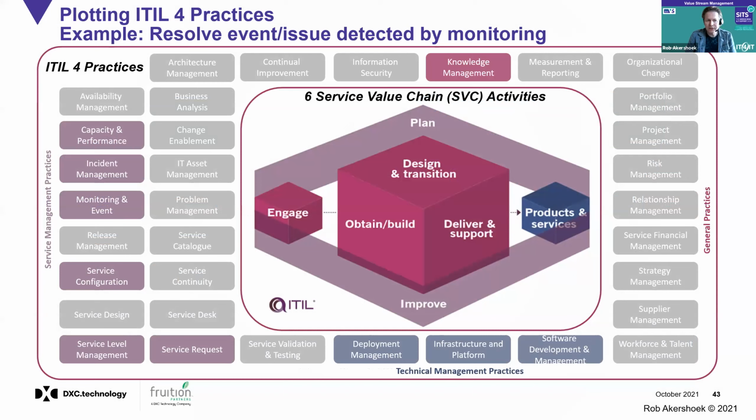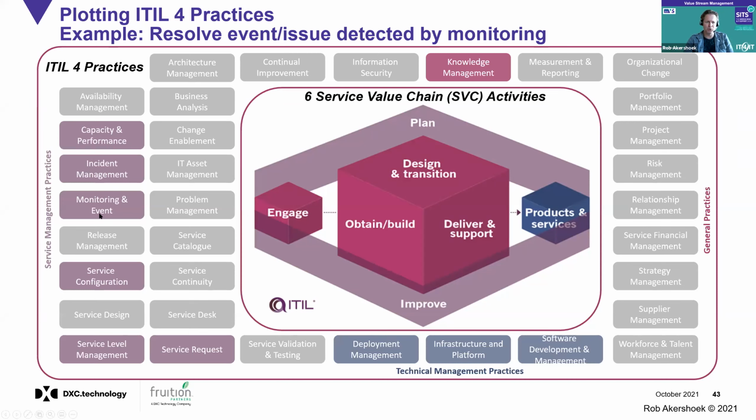One of the things you can then do is, for example, in this example of resolving an event through monitoring, ask what are the capabilities I need? And I plot this on a picture of ITIL 4 as an example, just to illustrate, so that to resolve incidents through monitoring, you typically have different capabilities or practices you need to implement.